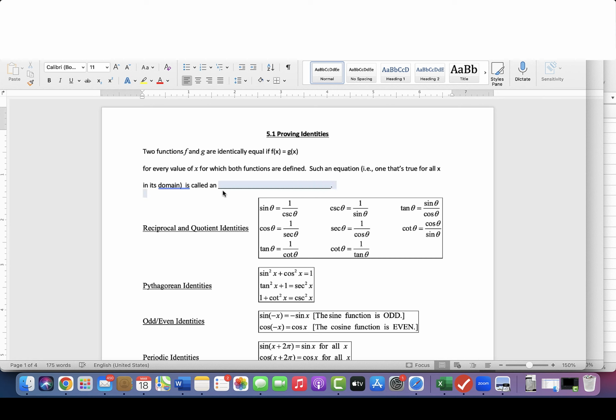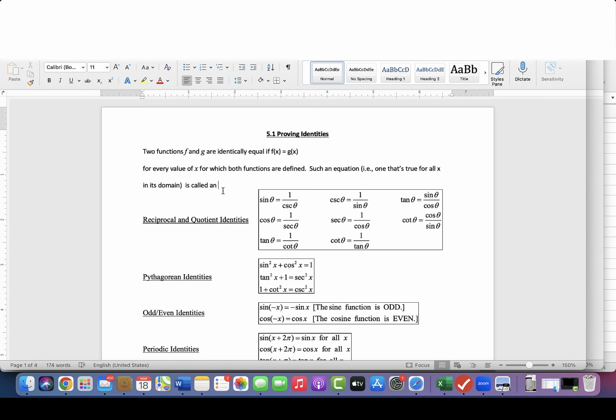Such an equation, in other words, one that's true for all x values in the domain, is called an identity.